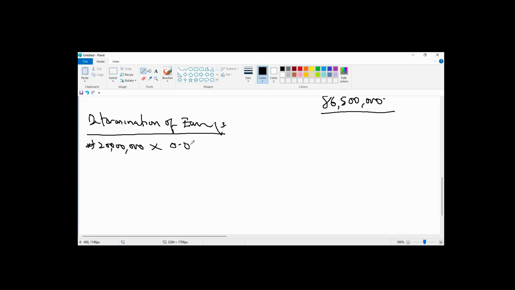I will not pay this interest again; it will be converted to my earnings. The government will collect tax. What is the tax rate given? 25%. So 20 million times 8% gives me 1.6 million.